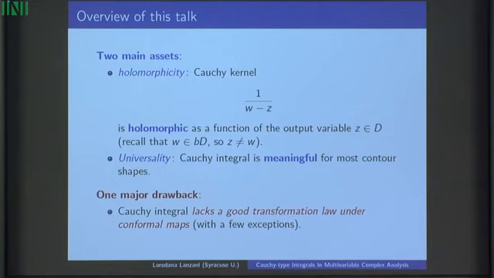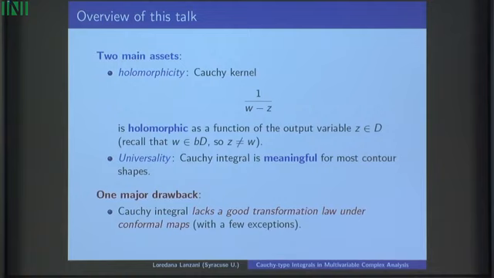Secondly, the Cauchy integral kernel is meaningful for most contour shapes. It's a universal kernel. The effect of the particular shape that you're integrating against is just that you're taking this universal kernel and restricting it to the shape. But it's the same kernel all the time.